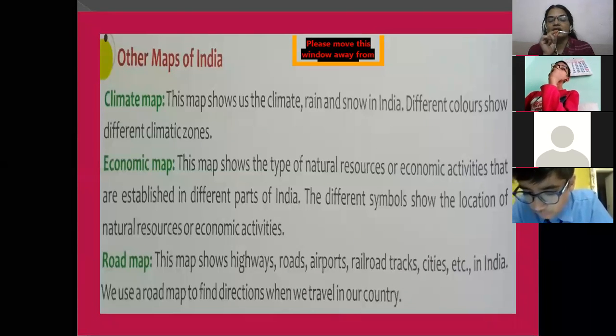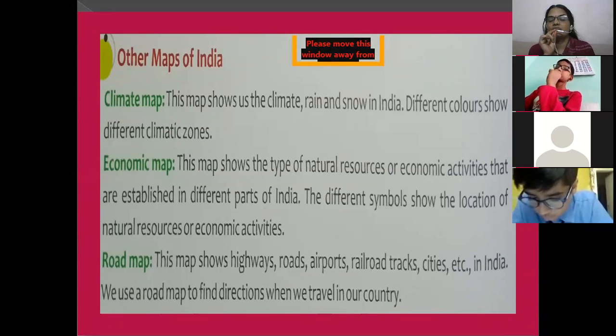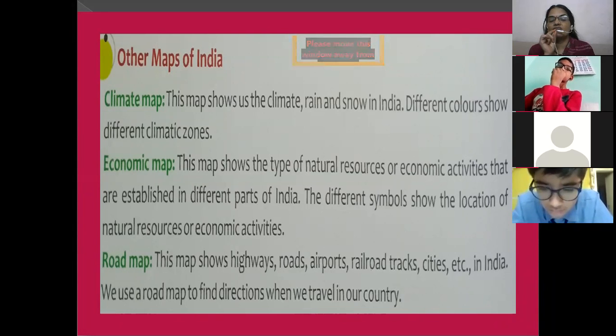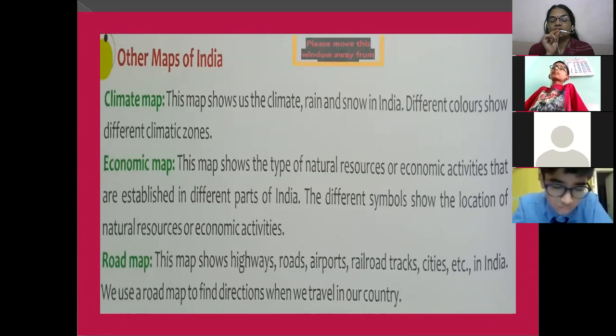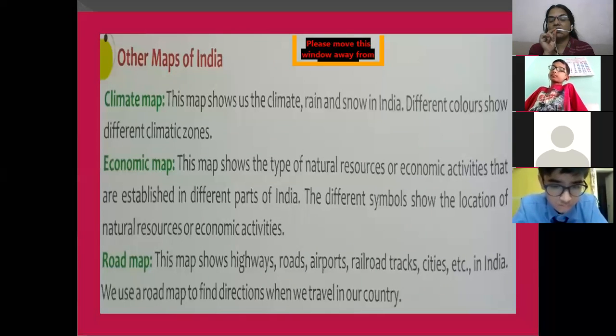Okay, students, you all know that a book of maps is called an atlas. You all might be having one. It contains a large variety of maps in it. Maps of different countries of the world, their physical features, political maps. And students, you know, one more type of map, thematic maps, is also used.